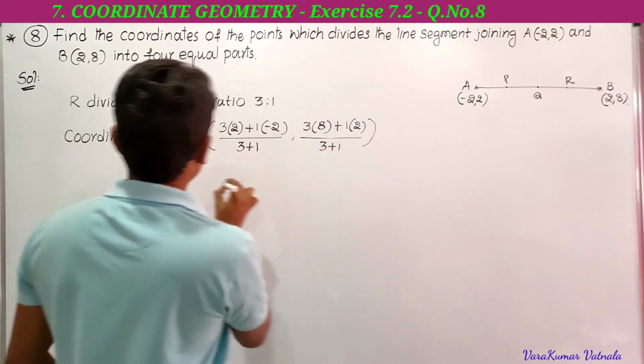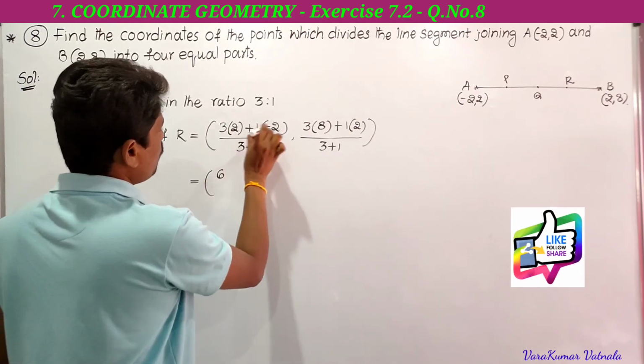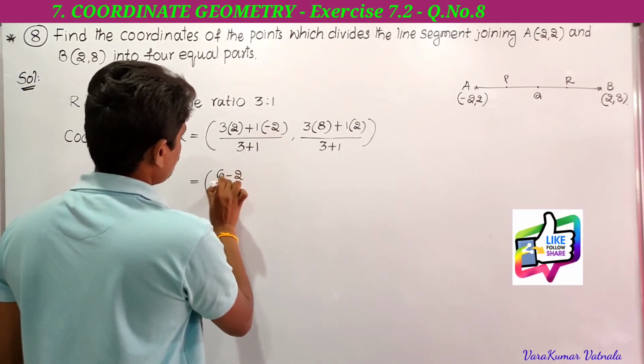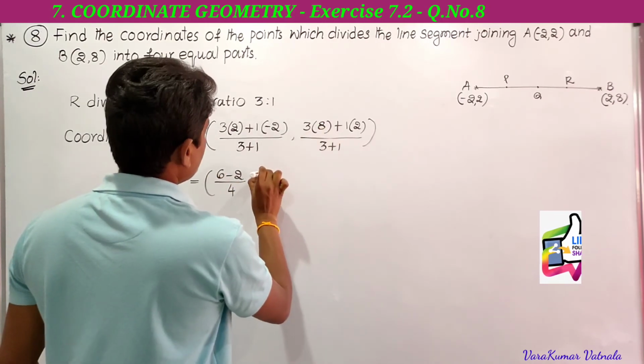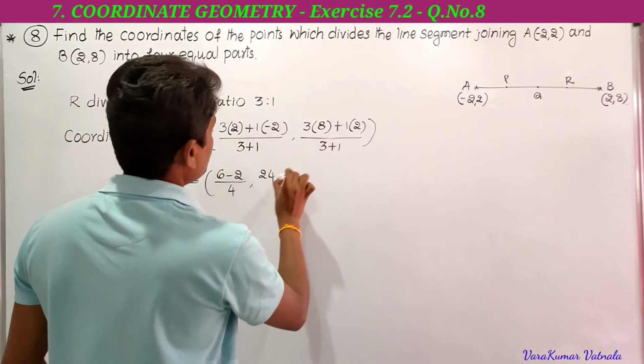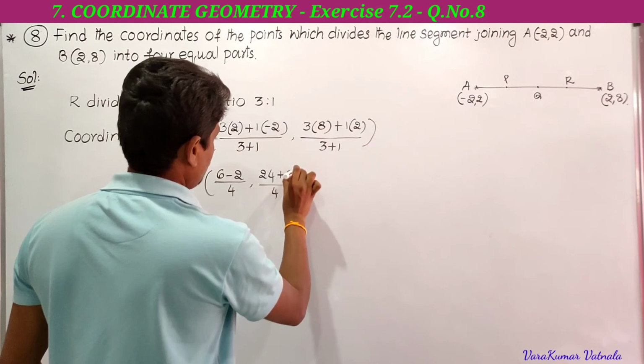So just we have to simplify. 3 into 2 is 6, 1 into minus 2 is minus 2, by 3 plus 1 is 4. 3 into 8 is 24, 1 into 2 is 2, by 3 plus 1 is 4 again.